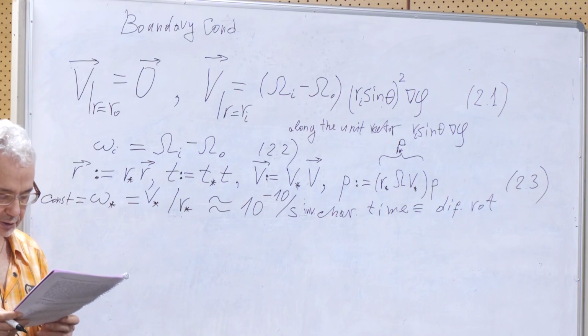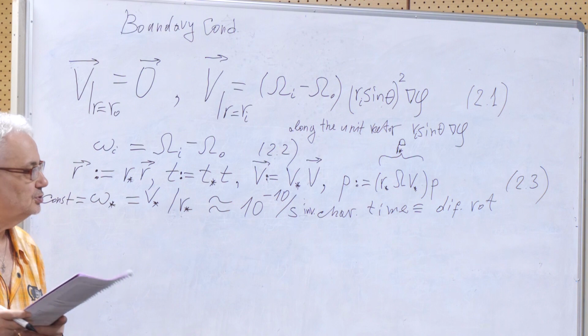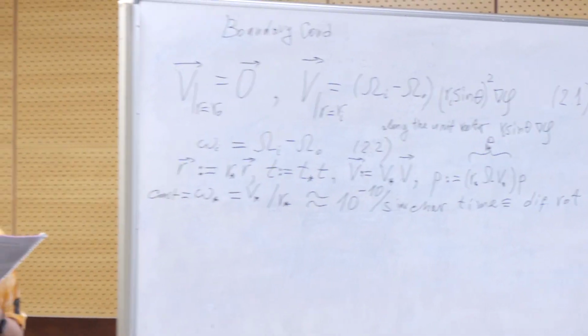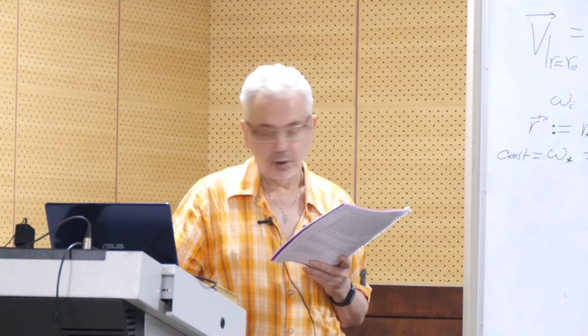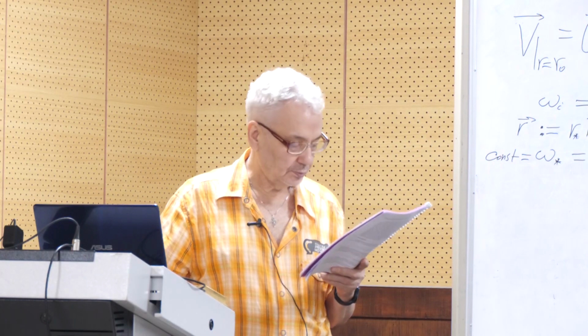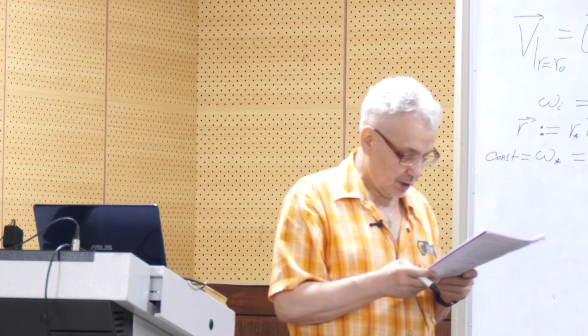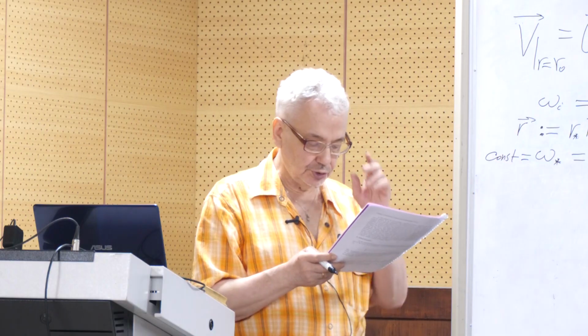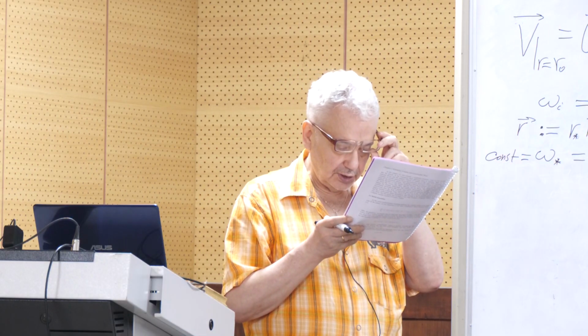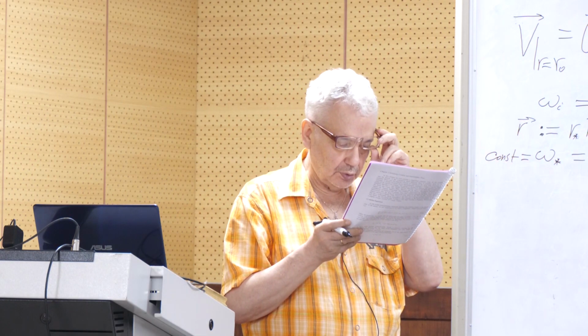So the characteristic quantities 3, 4, which I showed you previously, are used first of all to reduce the original equation to a dimensionless form.